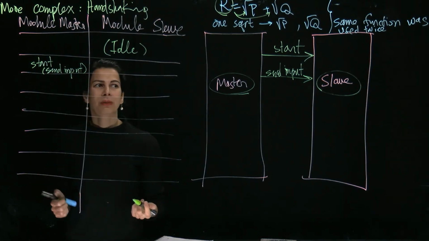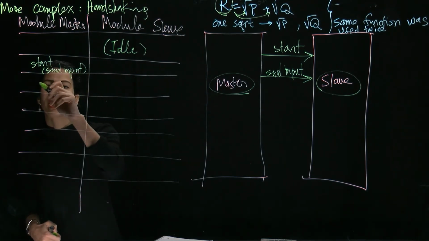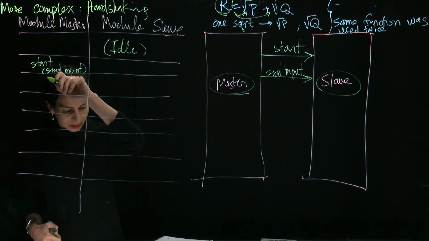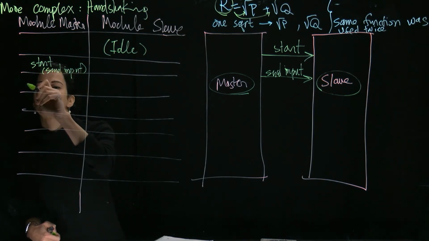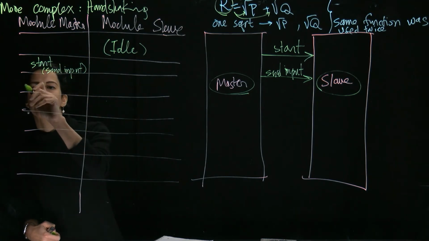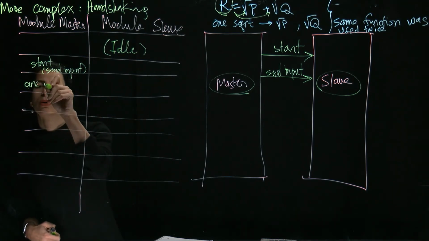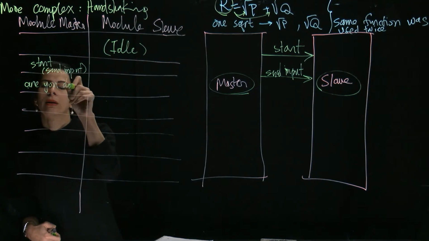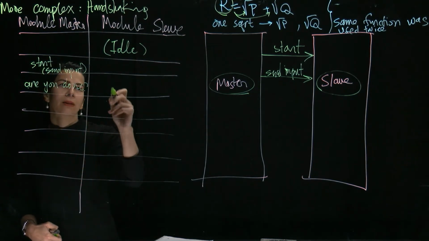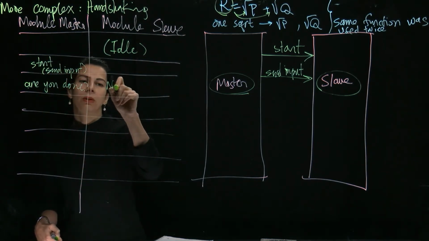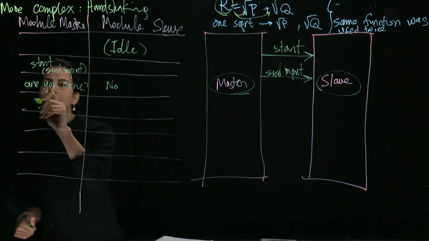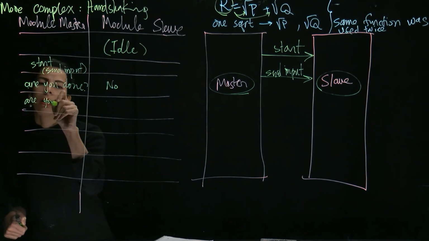In the simple protocol that I'm doing now, let's assume that the master has this probe which keeps probing the slave, asking, are you done? And this could be taking some cycles. Again, are you done?